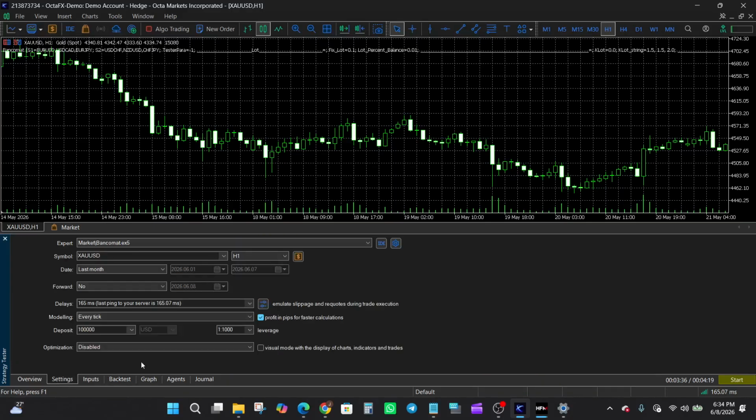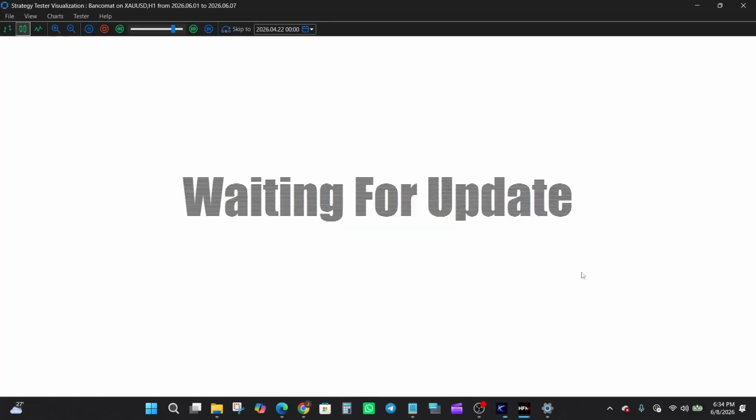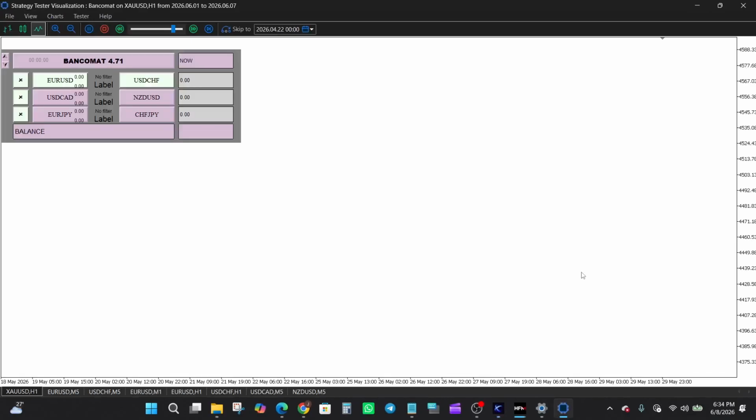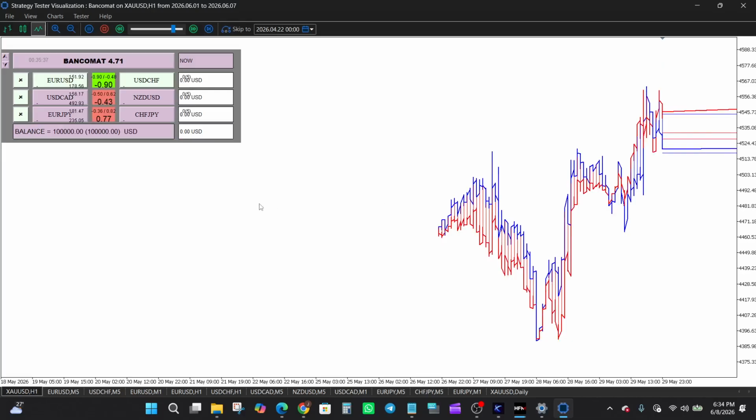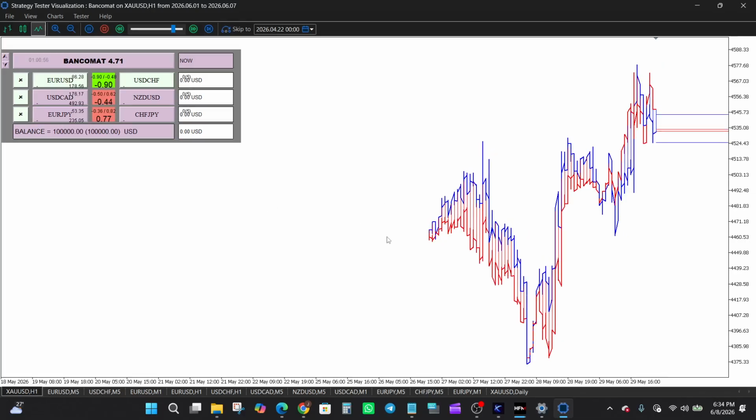Let's just quickly go over to turn on the visual so that we can see the EA in action just for a moment. Okay, so we can see the Bancomat EA in action.